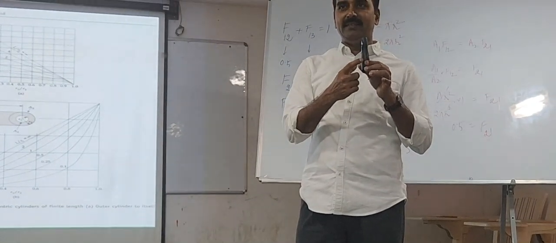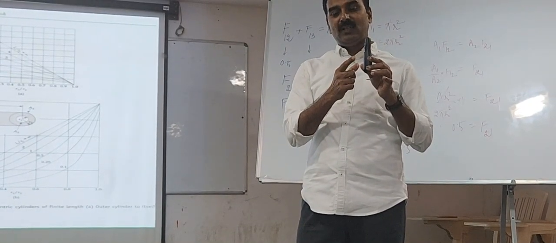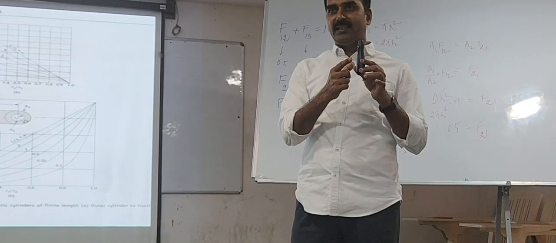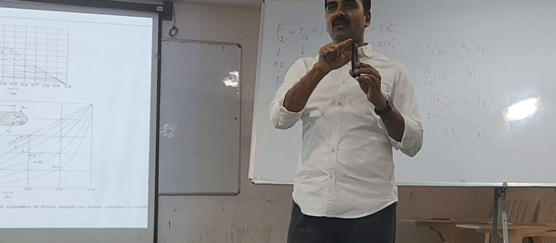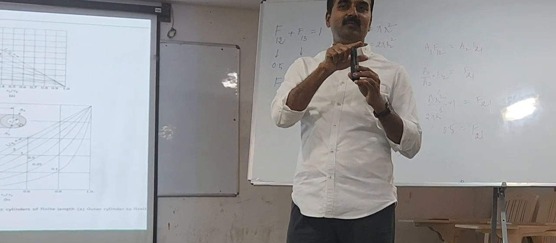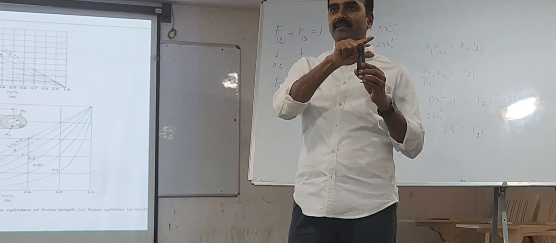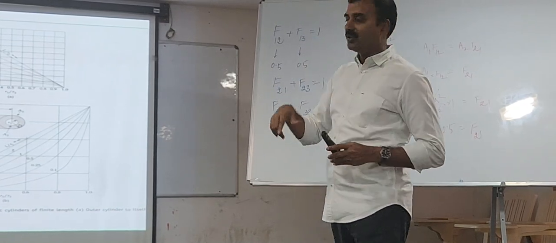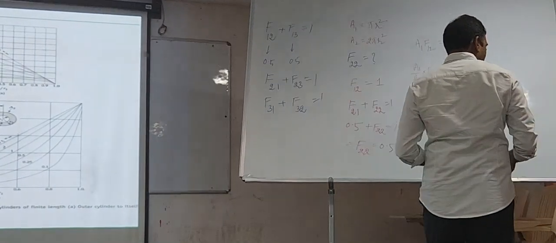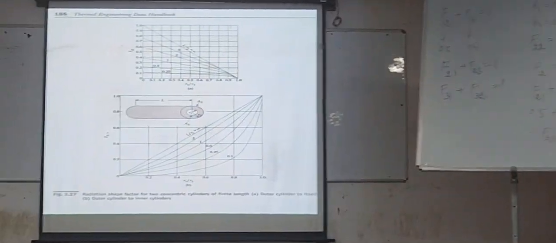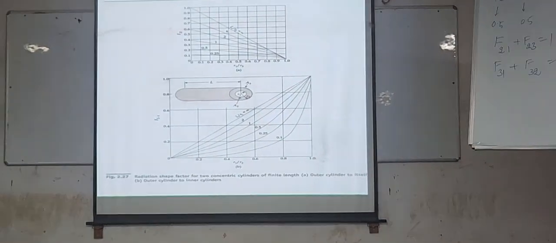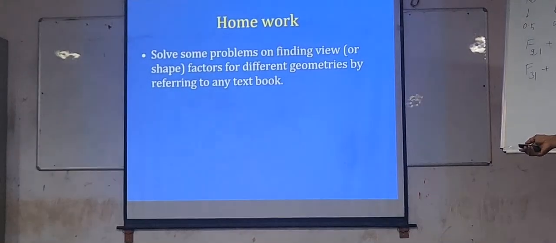The rays leaving this can fall on the inner surface of the outer cylinder and can also cover the area on both ends. So all those parameters need to be considered in order to find the shape factor.